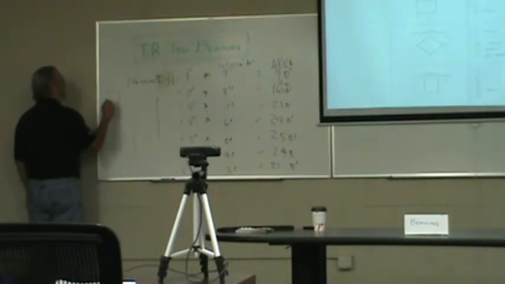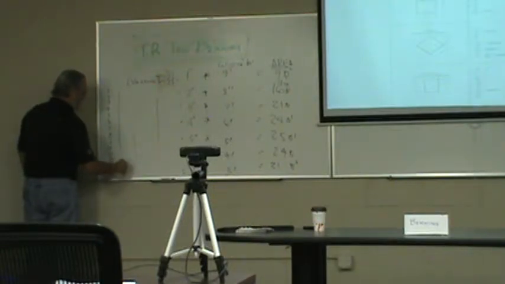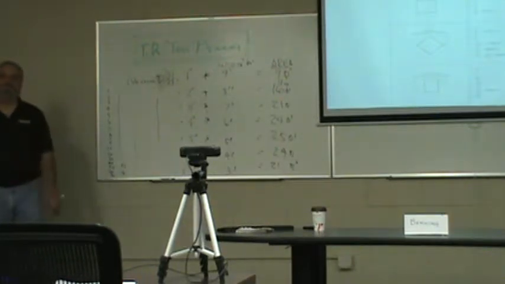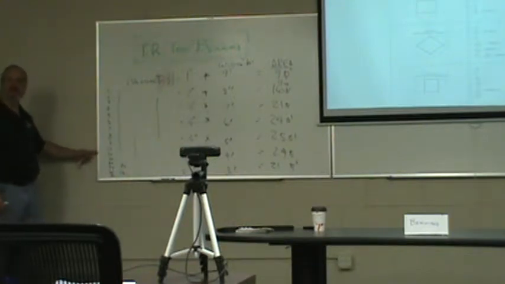Number from 1, 2, 3, 4, 5, 6, 7, 8, 9, 10, and then go by tens above that, 20, 30, 40, 50, 60, 70, 80, 90, 100.